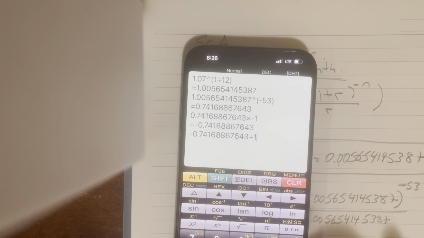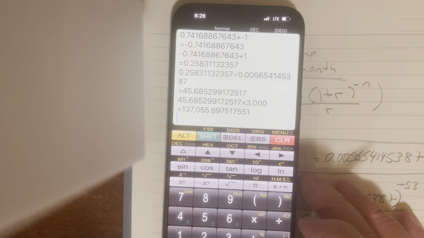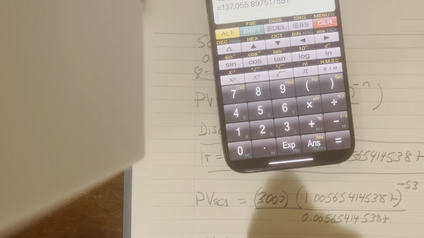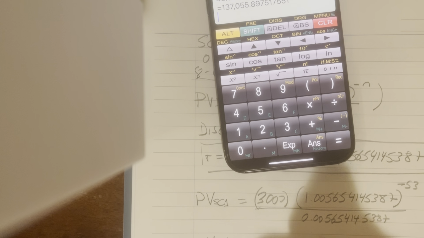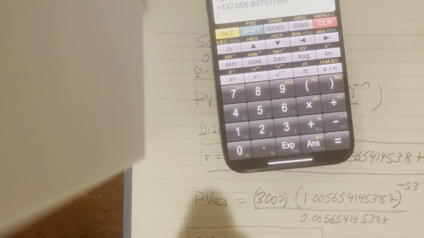I will add 1, and I divide by the rate 0.0056541453887 and multiply by the payment 3,000. So 137,056. I am rounding up. That's my present value in month 7.